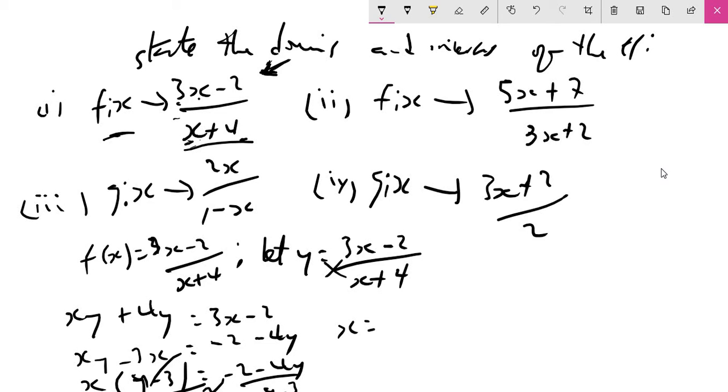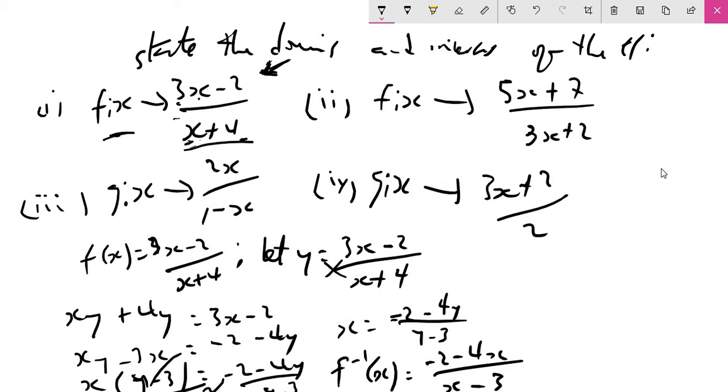And so x is equal to (minus 2 minus 4y) divided by (y minus 3). And therefore, f inverse of x is equal to (minus 2 minus 4x) divided by (x minus 3). And so this is the inverse of the function f of x. I hope this is clear.